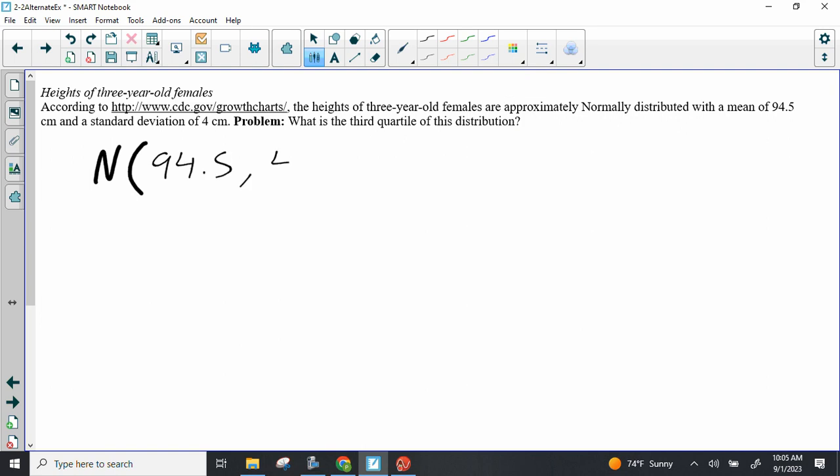We want to know what the third quartile is, right? At the third quartile, what percentile are we at? That's the first thing we need to answer. That's at the 75th percentile, which corresponds with an area of 0.75.